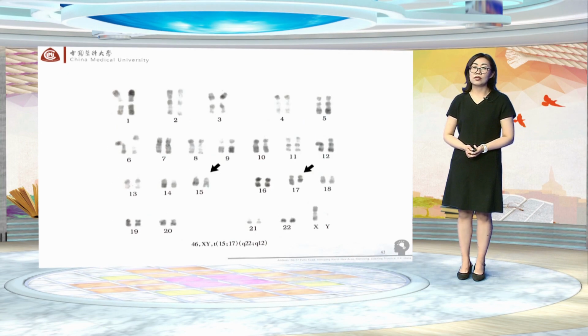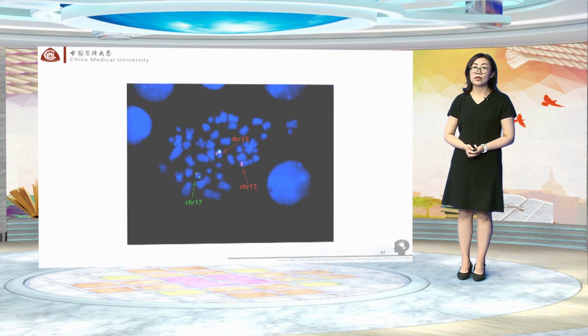This picture shows that there are 46 chromosomes, XY, with the translocation of Q22 of chromosome 15 and Q12 of chromosome 17. This is a FISH analysis, which shows that the red fluorescence of chromosome 15 and the green fluorescence of chromosome 17 are fused on 1 chromosome.